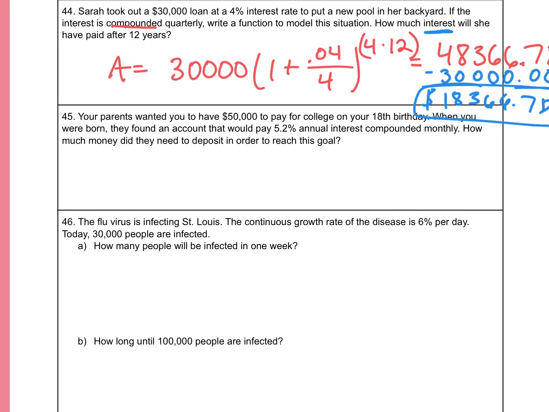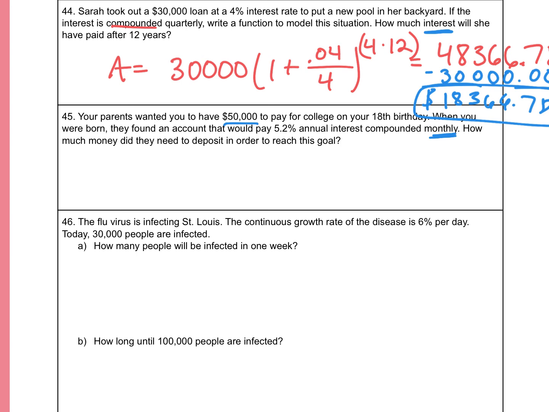So 45 now, parents want you to have $50,000 to pay for your college on your 18th birthday. When you were born, they found an account that would pay 5.2% annual interest compounded monthly. How much money did they need to deposit in order to reach this goal? Okay, so this one's kind of asking for something different.